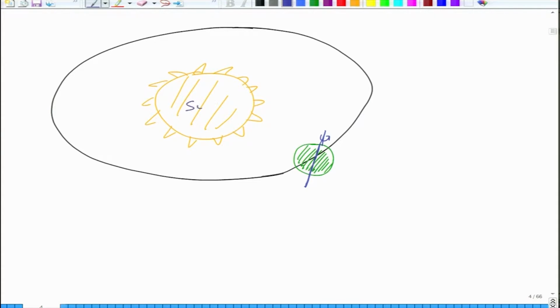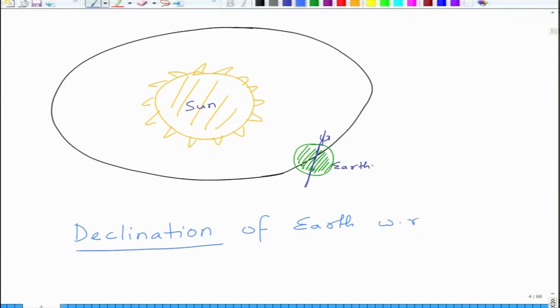So, this is sun, this is earth. There is a certain thing called the declination angle, because this axis is not parallel to the orbital axis.